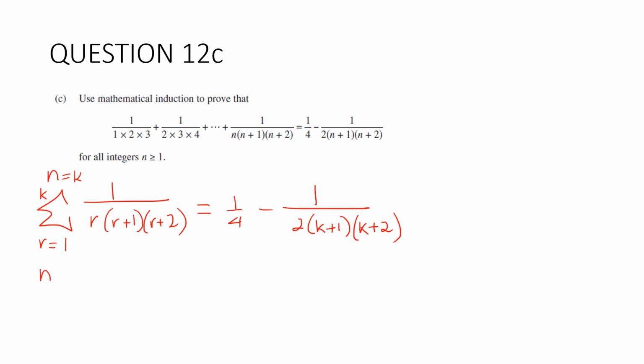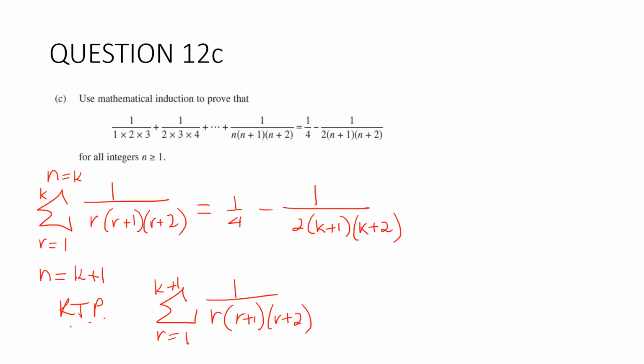Now let's prove it's true for n is equal to k plus 1. So we are required to prove that the sum from r equals 1 up to k plus 1 of 1 over r, r plus 1, r plus 2 is equal to a quarter take away 1 over 2, k plus 2, k plus 3.